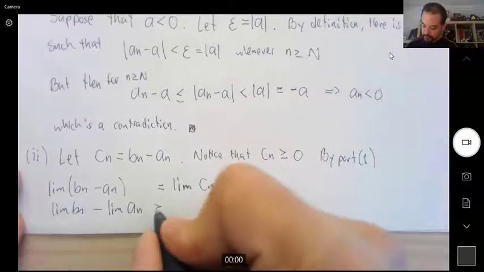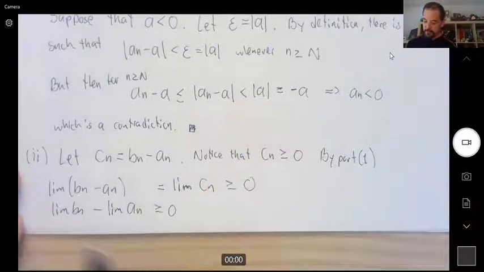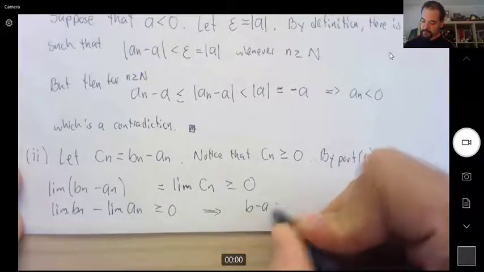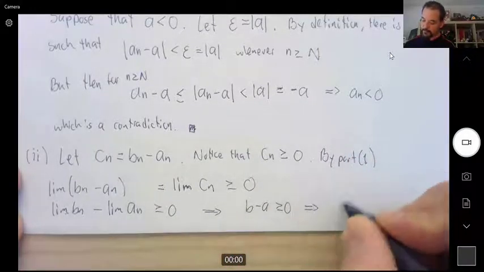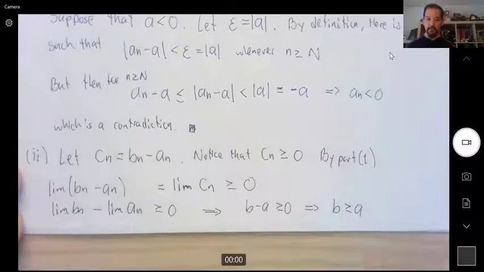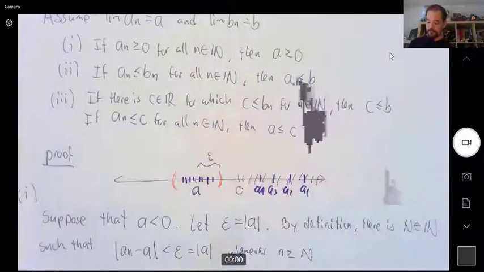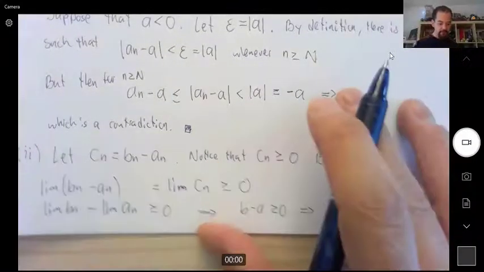So this has to be positive, and then we're done because this is b and this is a. So this implies that b minus a is positive, which implies that b is greater than or equal to a. And that was exactly what we wanted to prove, right? So that's the end of that one. Like I said, it's super easy.